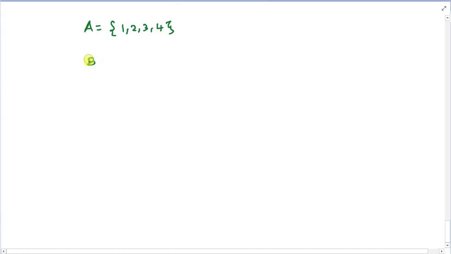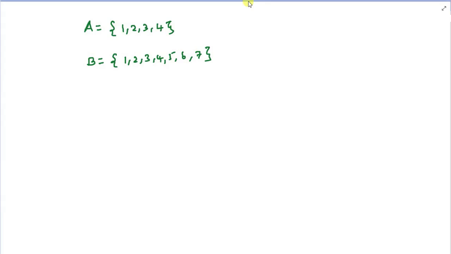The elements of B: 1, 2, 3, 4, 5, 6, 7. So here we can see that every element of set A is in set B. Then we can say A is proper subset of B. So next we shall see the definition of proper subset.